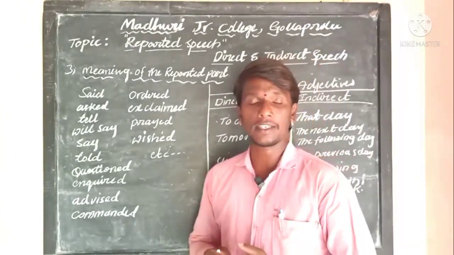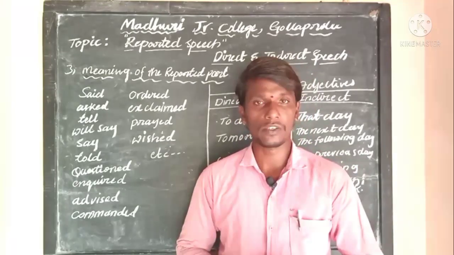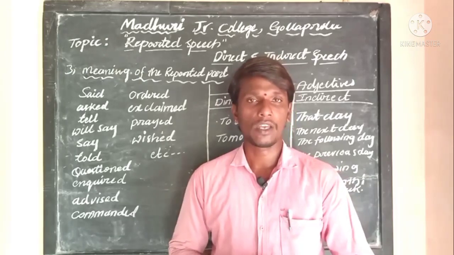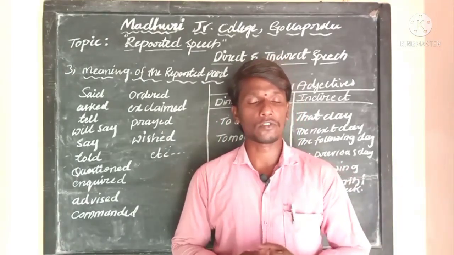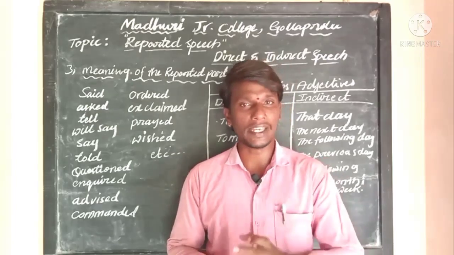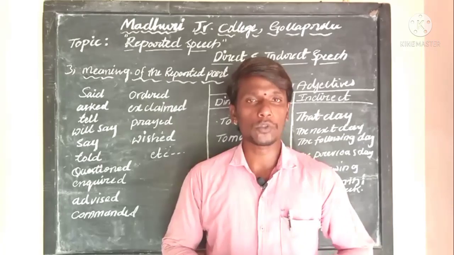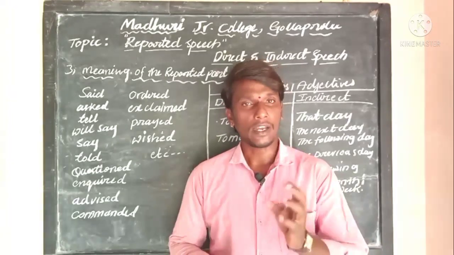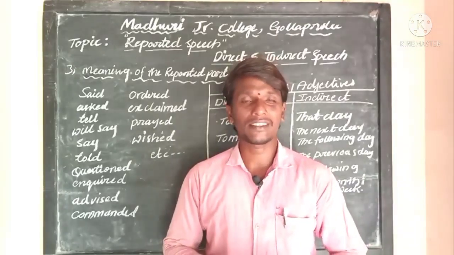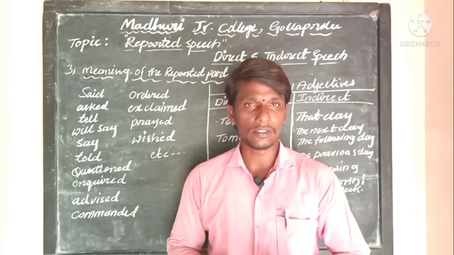Already we came to know what exactly direct speech is and what indirect speech is, and what rules we need to follow to change direct speech into indirect speech. We also know the parts of direct speech, and that we need to discuss three things.